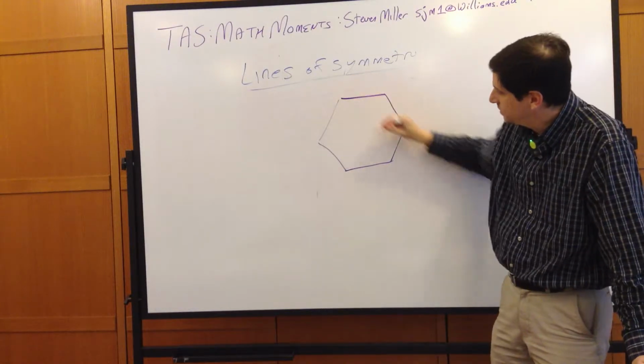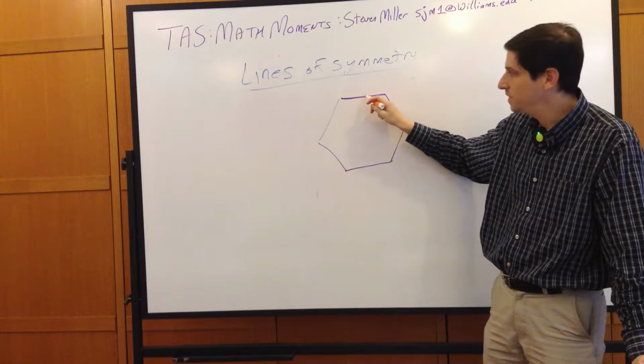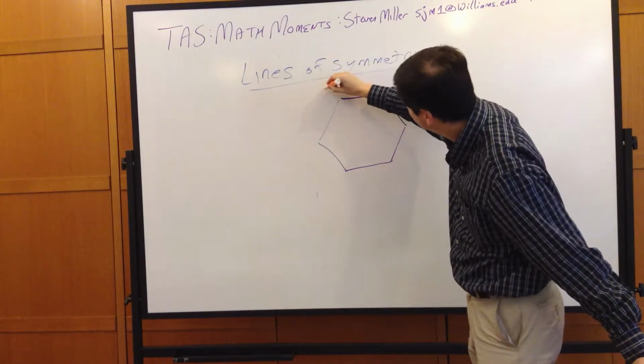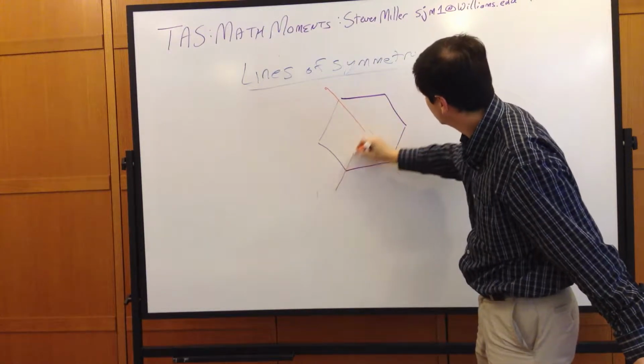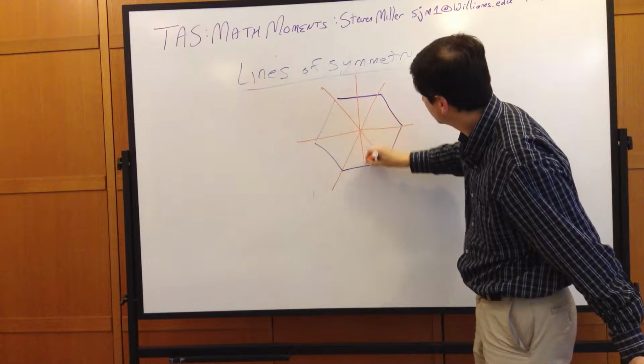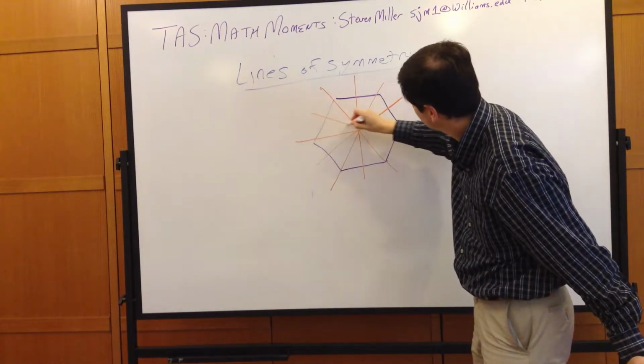So I've got to go to the opposite vertex. The other possibility is if I start at a midpoint, I've got to go straight down. So in this case, the only solutions are going to be the lines like this, and the lines, let's see, like this.